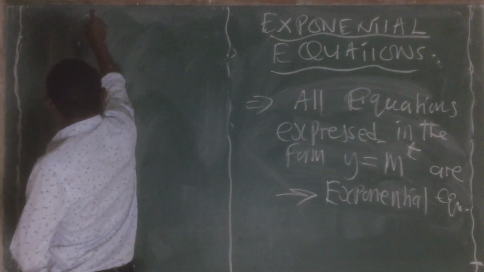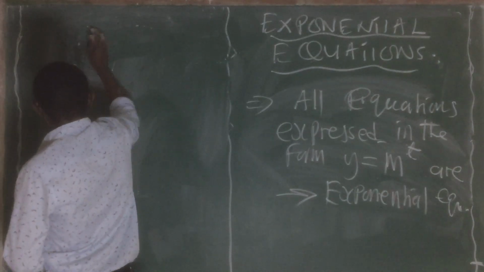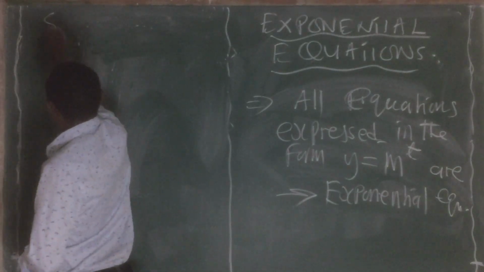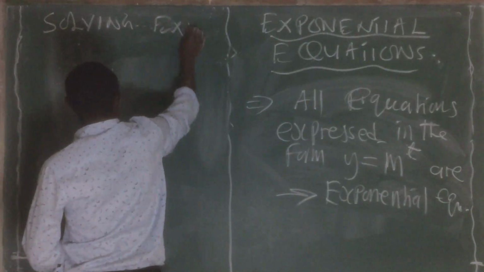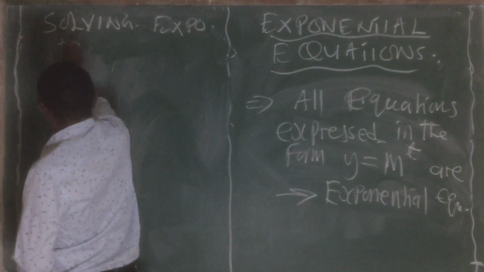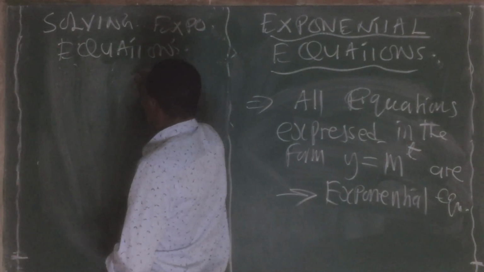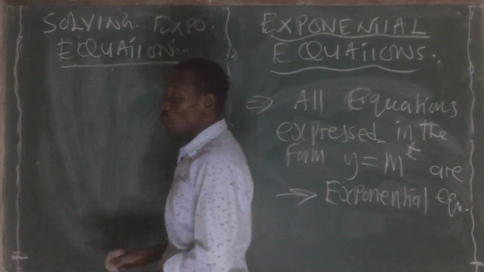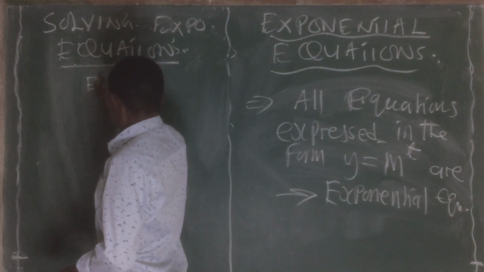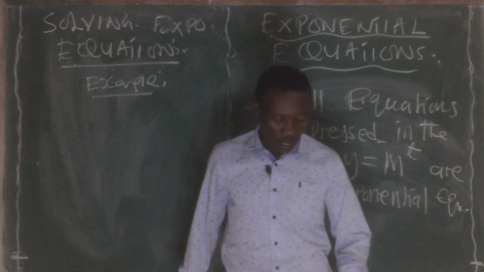Right, so let us take this example here. But first, let us get to know what we'll be doing here: solving exponential equations. How do we solve exponential equations? So let's have a few examples.